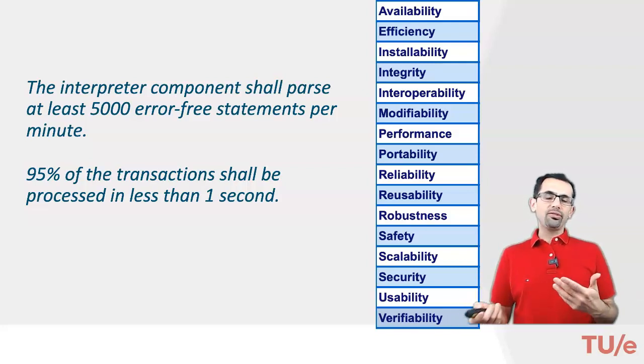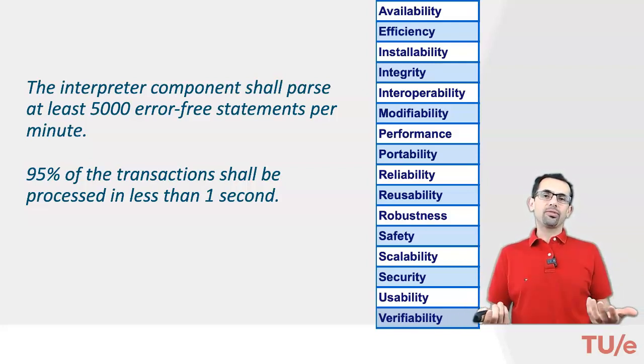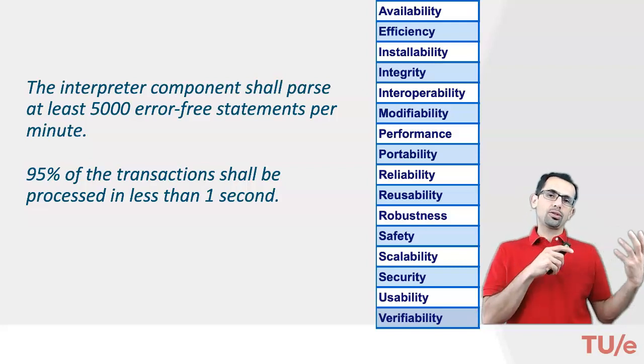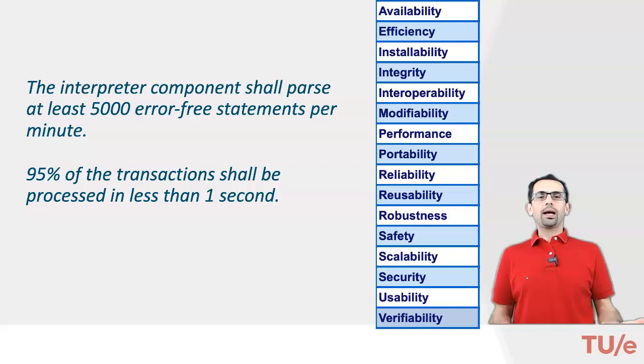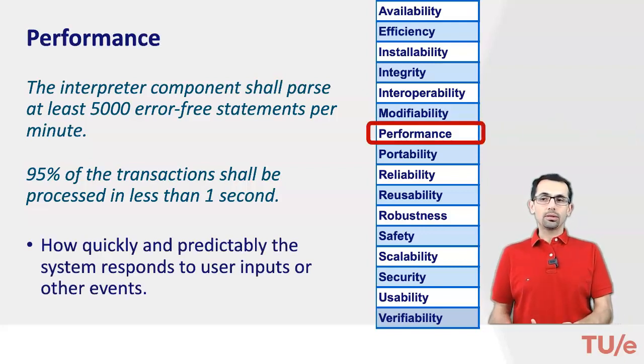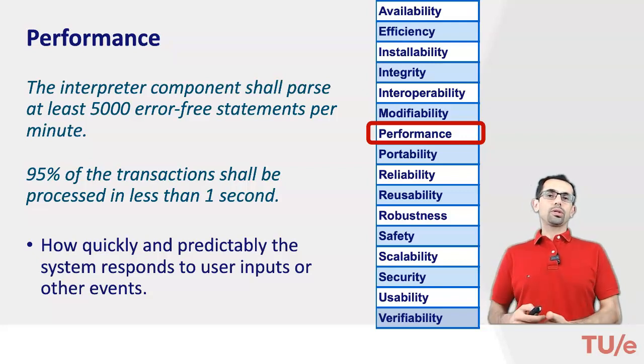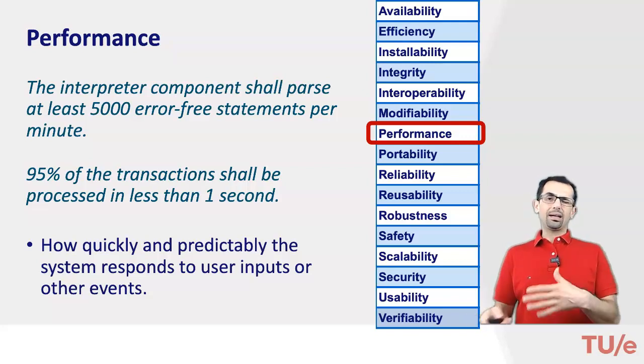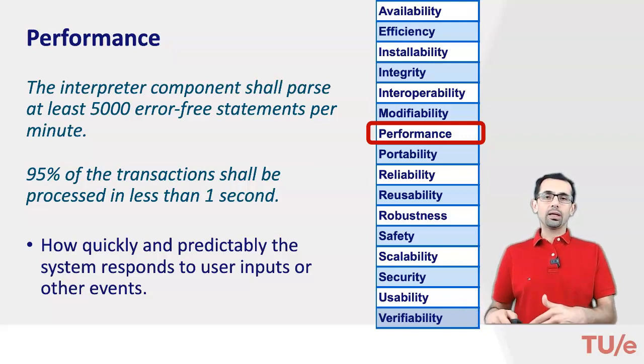So if you're talking about speed, about a number of things happening in a certain period of time, it's very likely that you're referring to performance. That is, how quickly and predictably the system responds to user inputs or other events. Again, you'll see more information about performance in the handouts.